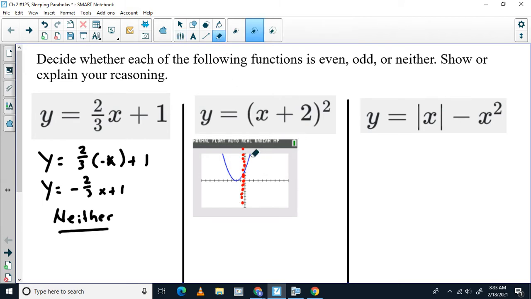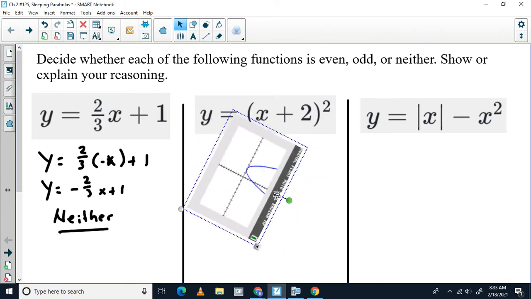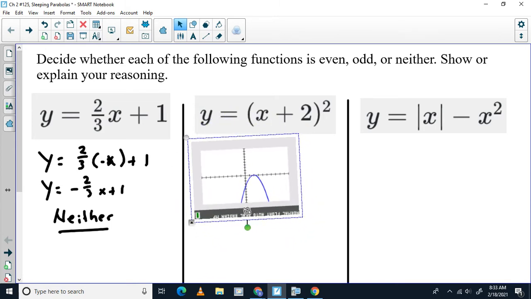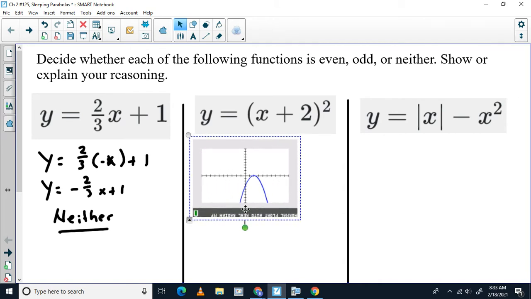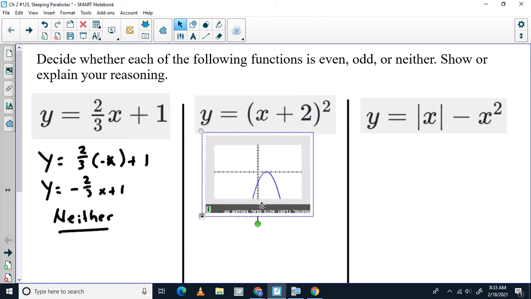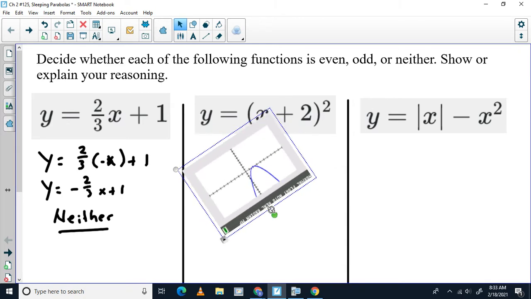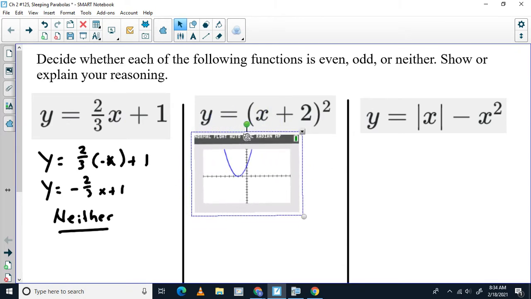The second thing I check is if I rotate this 180 degrees, do I get the exact same graph? Well, when I did that, it's not the exact same graph. So that means it's not an odd function. So it turns out this function fits in that neither category as well.